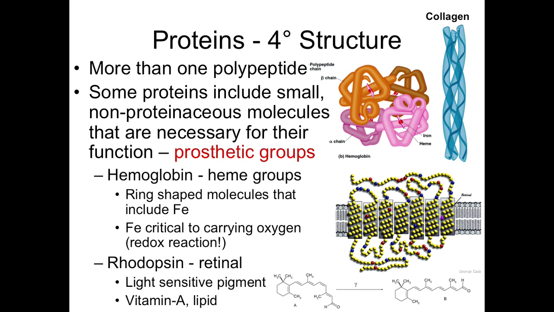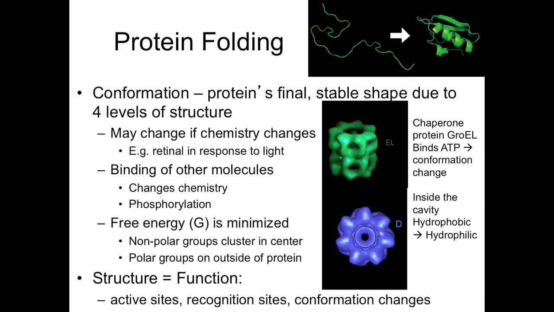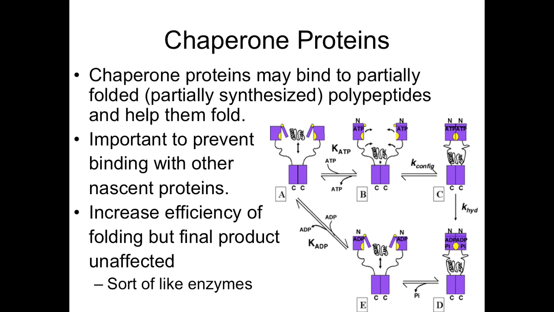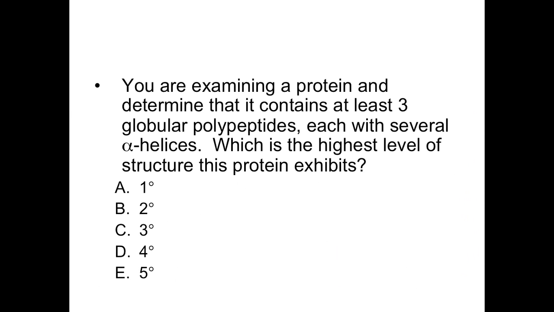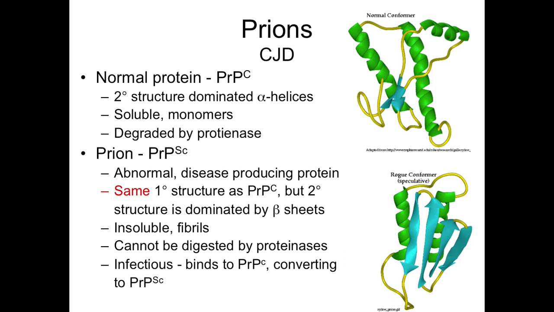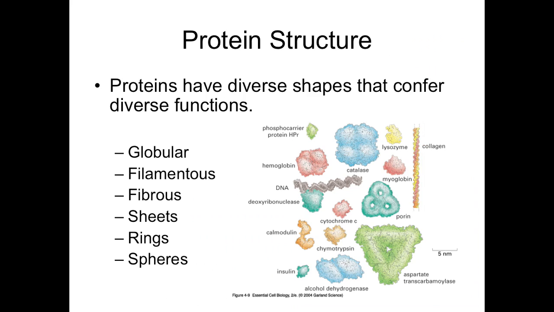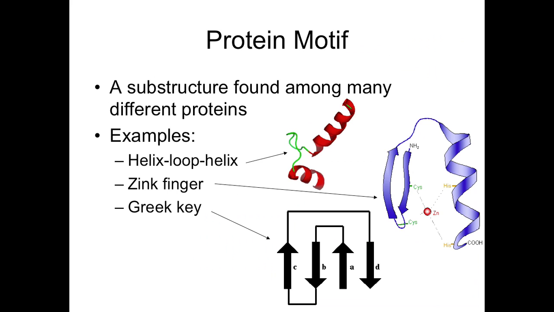Okay, I want you to characterize its 4 levels of structure. All right, I'm not going to talk too much about this. These are things that you should know. I'll let you study diseases due to protein structure on your own.